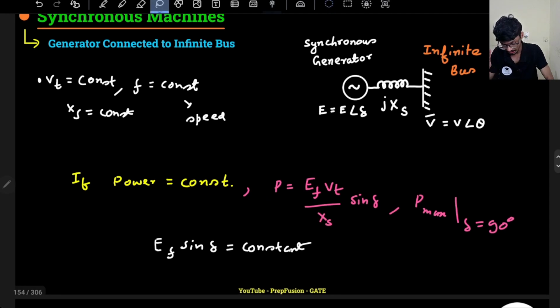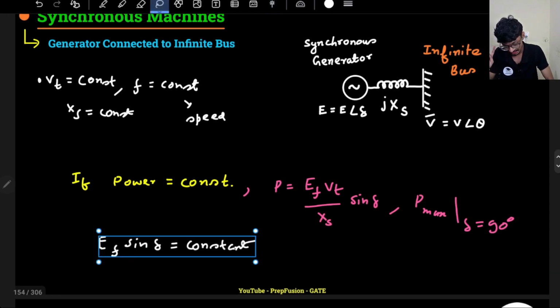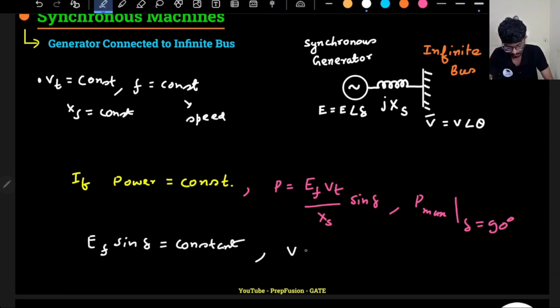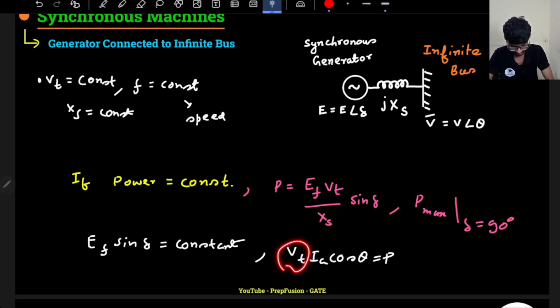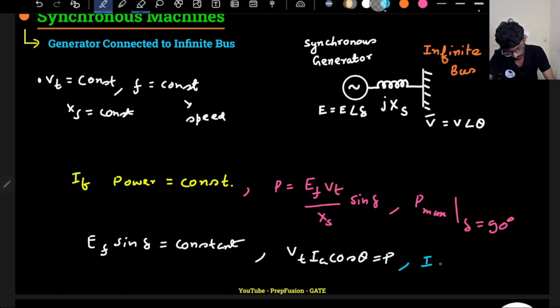If my power is constant, what is the other expression for power? The other expression for power is Vt into Ia cos theta, that is equal to power, right? Vt is already constant, and power is constant. So one more relation I can say is that my Ia cos theta also will be constant.